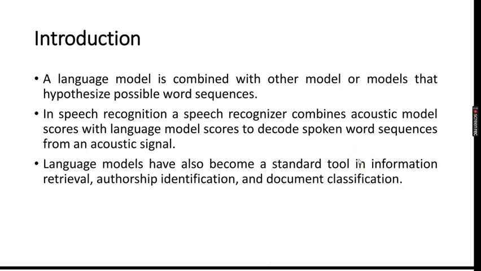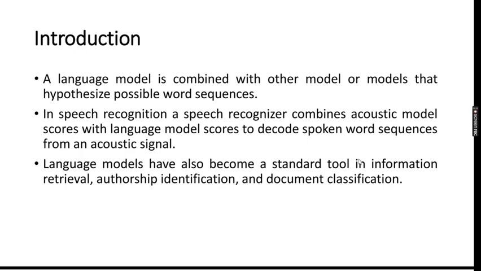This language model is also combined with different types of models, and we can give conditions based on the required target word. In general, applications include speech recognition and the language models used in chat applications.